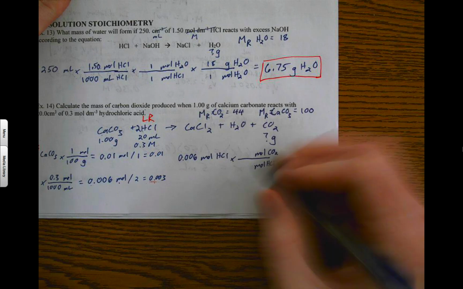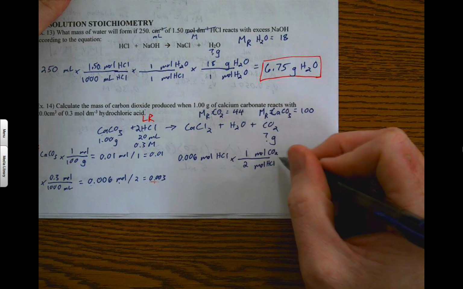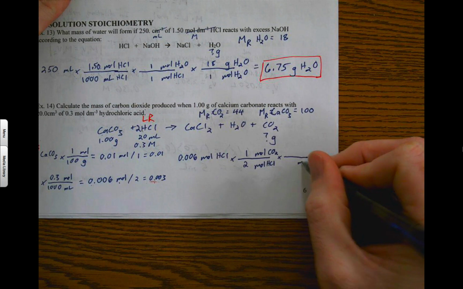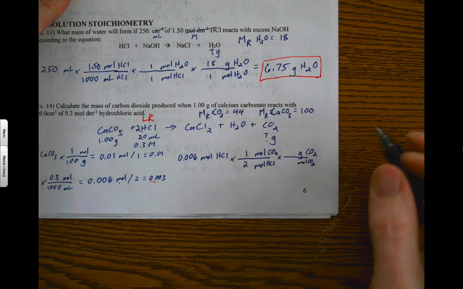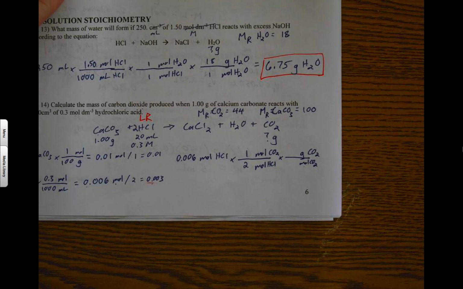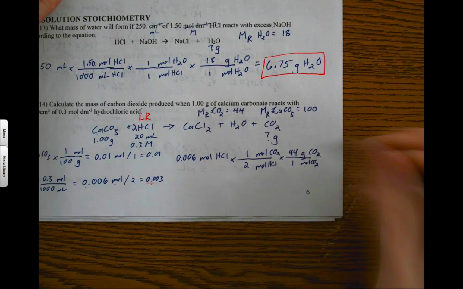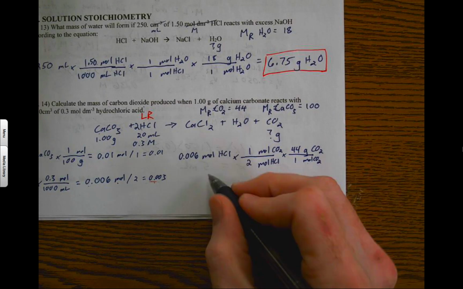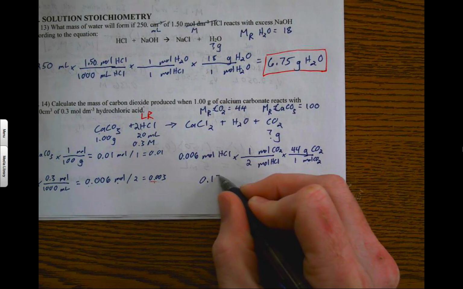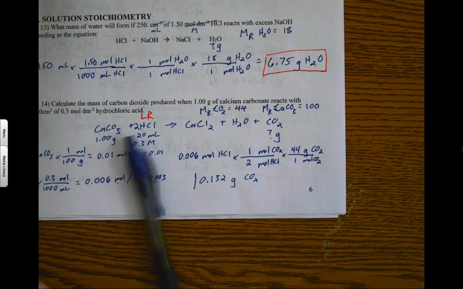That's right. Well, there are 2 moles of HCl for 1 mole of CO2. And then I'll change moles of CO2 into grams of CO2, and that's going to be 44. So 0.006 times 44 divided by 2 is going to be 0.132 grams of CO2. Excellent.